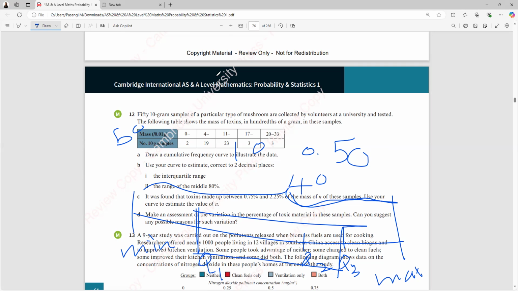It was found that toxins made up between 0.75% of the mass of N of these samples used. So here it was found that toxins made up between, that means the gram, no?